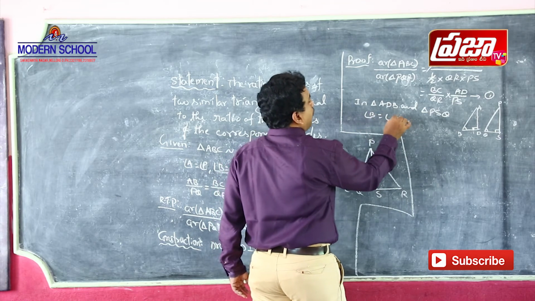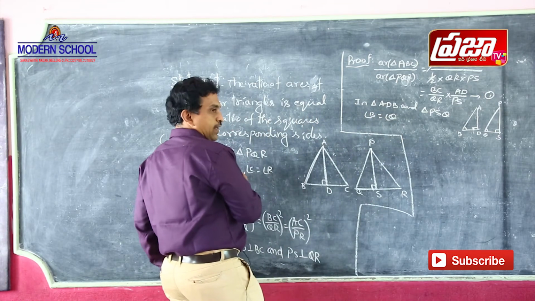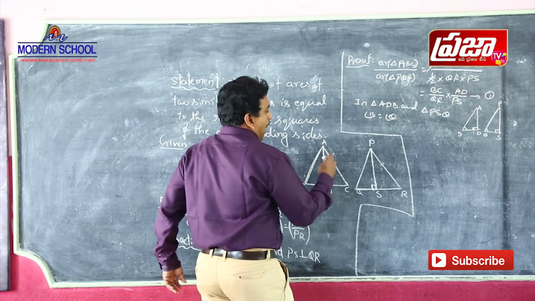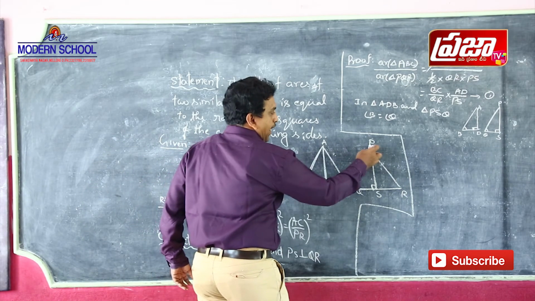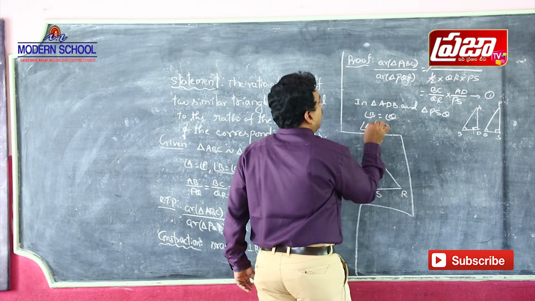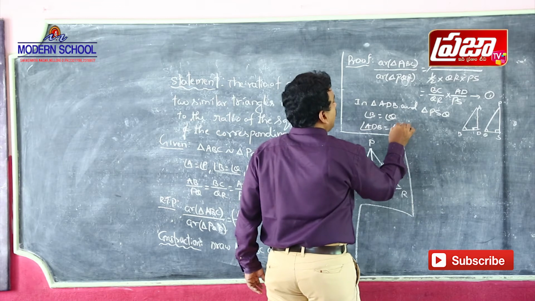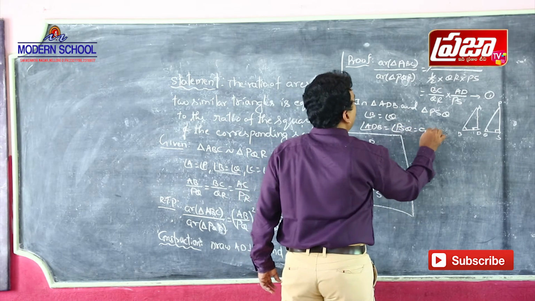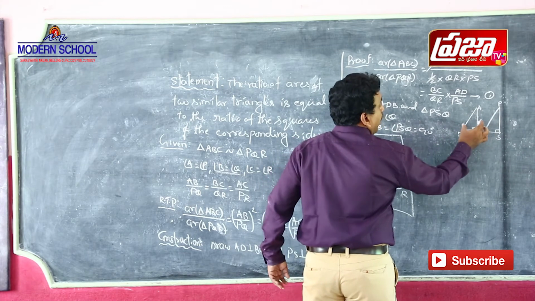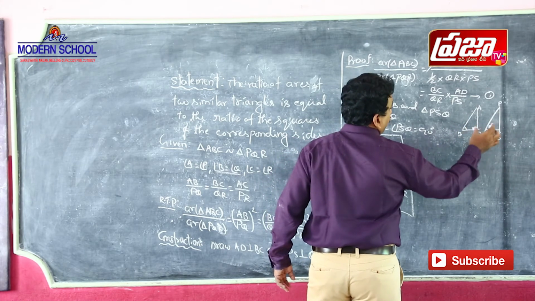So in triangle ADB and triangle PSQ, which I drew separately here, angle B is equal to angle Q, because it is already in the given data. Next, angle ADB is 90 and angle PSQ is 90. You can see here also, angle ADB is equal to angle PSQ is equal to 90 degrees. So in two triangles, two angles of one triangle are equal to two angles of another triangle.